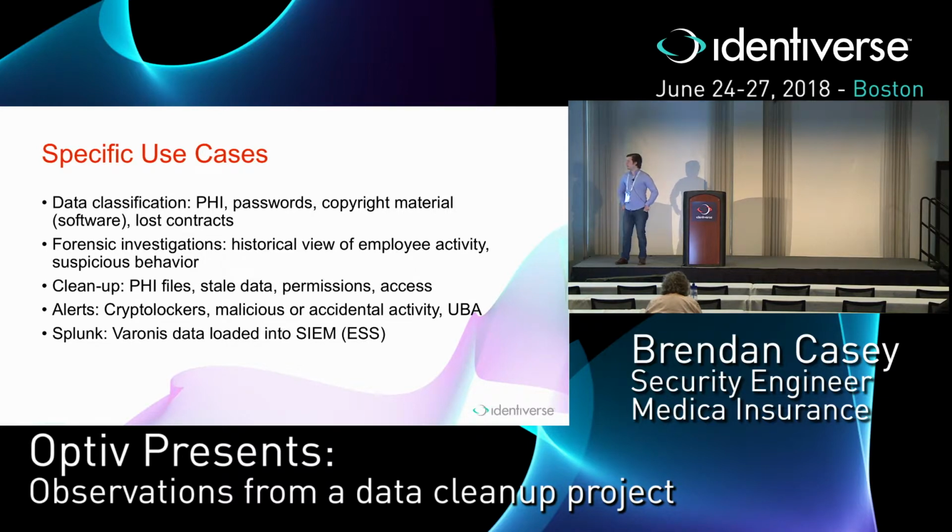The way that the classification works, and this goes back to the PHI, is tuning regular expressions. For example, when looking for PHI across huge amounts of data, a social security number is just a few-digit number, and the false positive rate is huge. When we initially rolled this out, we were getting hundreds of thousands of hits just because it would see a 9-digit number, think it was a social security number, and flag the file.